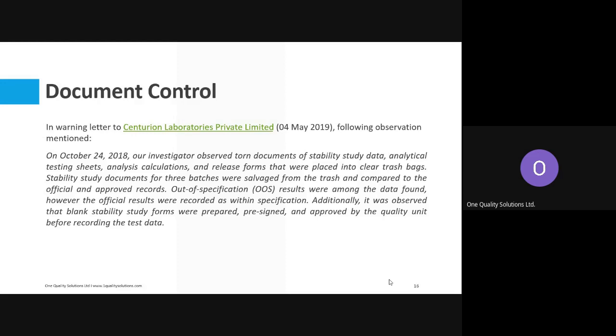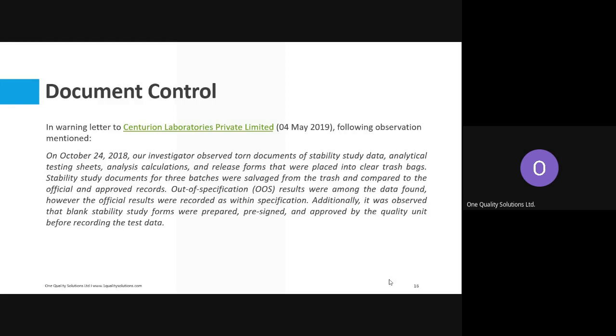Stability study documents for 3 batches were salvaged from the trash and compared to the official and approved record. Out of specification results were among the data found. However, the official results were recorded as within specifications. So, what exactly happened? The person responsible for these documents discarded the OOS record.